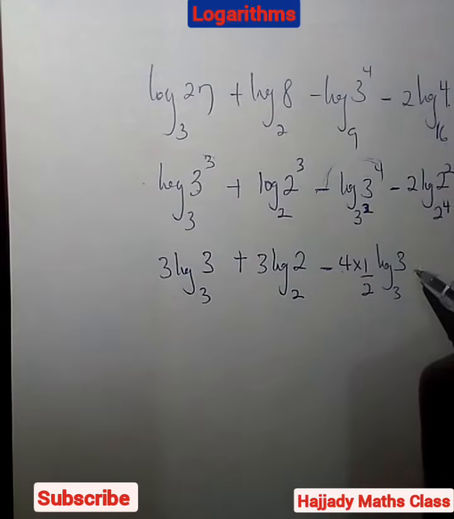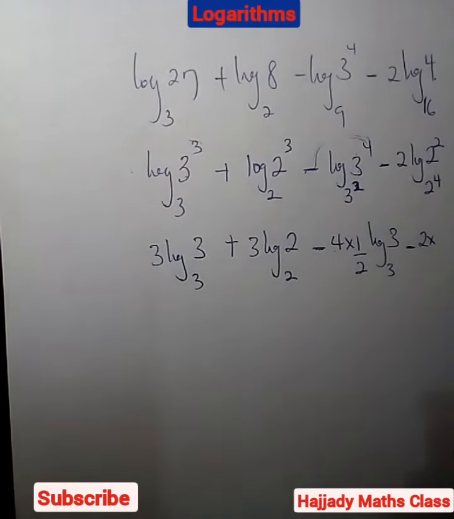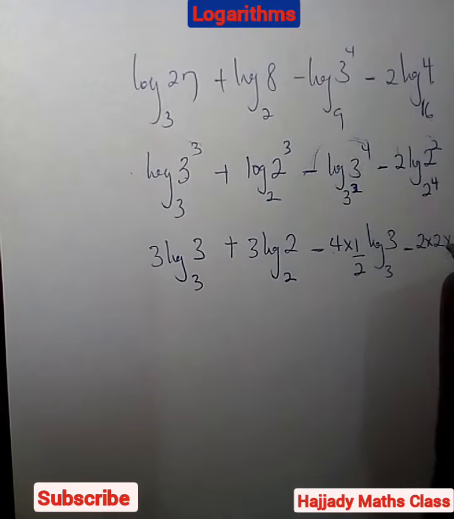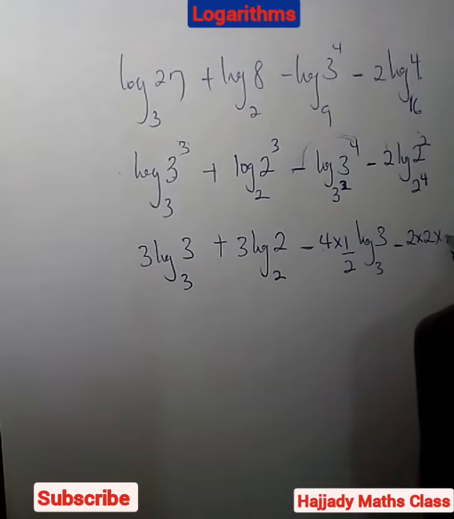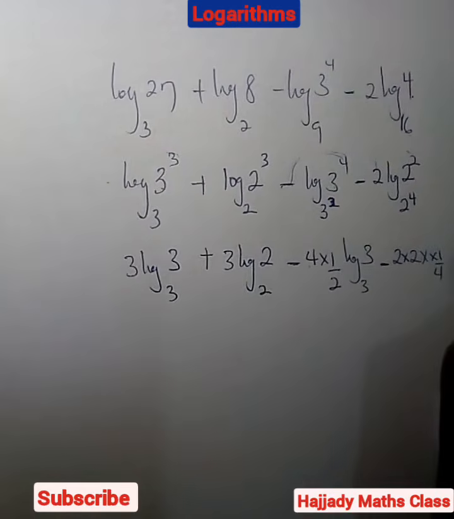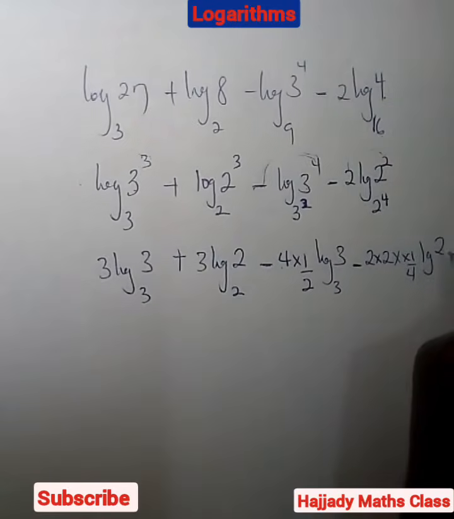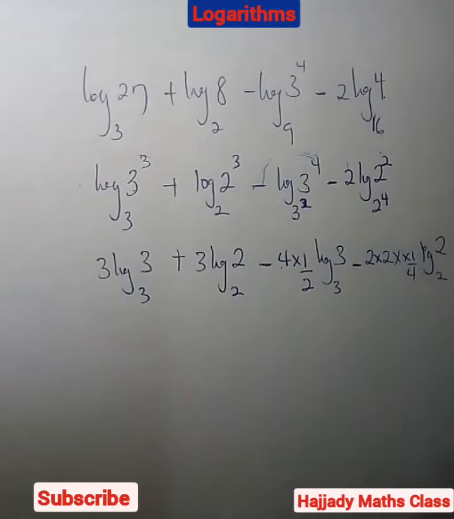And lastly, we have 2 times log 4 base 16. The 2 comes to the back as 2, and the 4 coming to the back gives times 1 over 4. And we have this to be log 2 base 2. This is what we have regarding that.